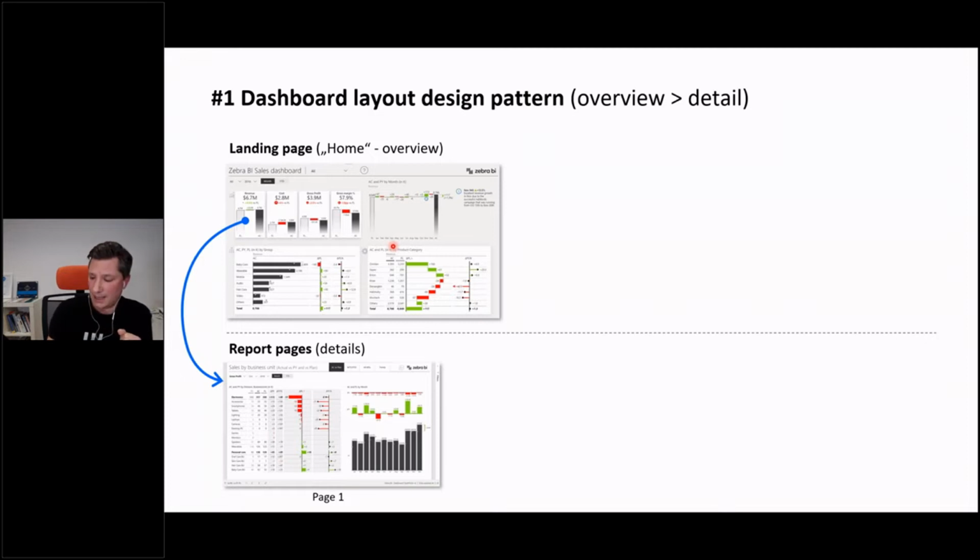You should see the most important things even before you click or set certain filters, right? And then instead of those filters, you try to provide the navigation to the detail through the content, right? So not with a lot of buttons and a lot of choices and a lot of navigation on top of the page or on the left of the page, but through the content, right? So when will I click for the details?